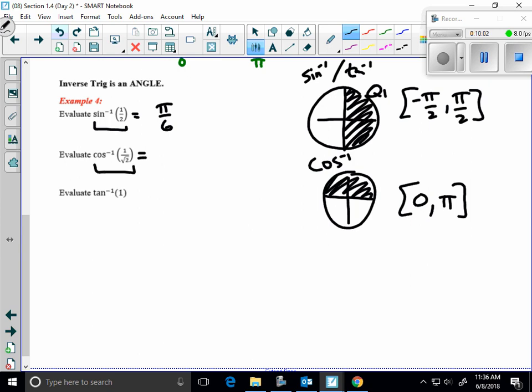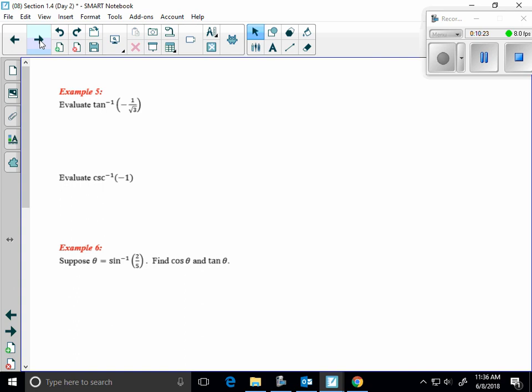Cosine is positive in quadrant 1 as well. Therefore, that's got to be pi over 4. And inverse tangent of 1. Anytime you see inverse tangent equal to 1 or negative 1, you should also think pi over 4. Since tangent is positive, it'll be in quadrant 1. It won't be in quadrant 4. Therefore, that answer would also have to be pi over 4.